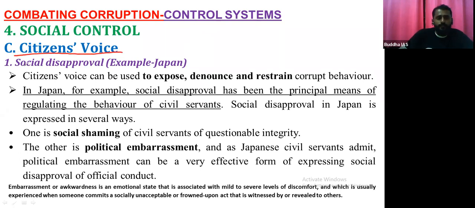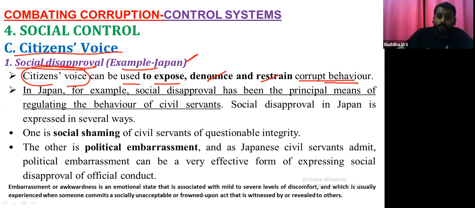Citizens' voices. Social disapproval. The case is with respect to Japan. The citizens' voices can be used to expose, denounce, and restrain corrupt behaviors.